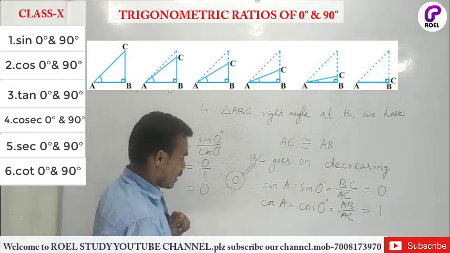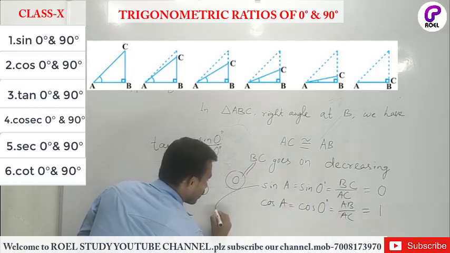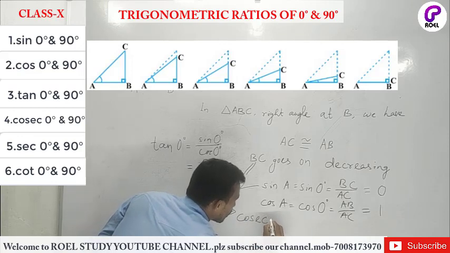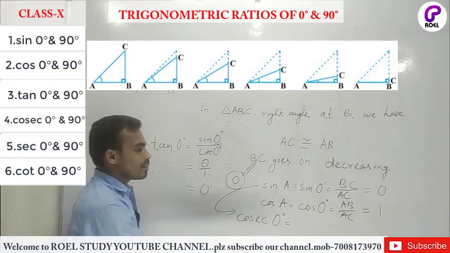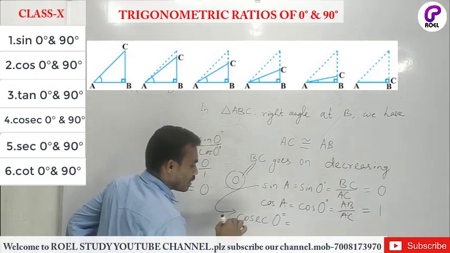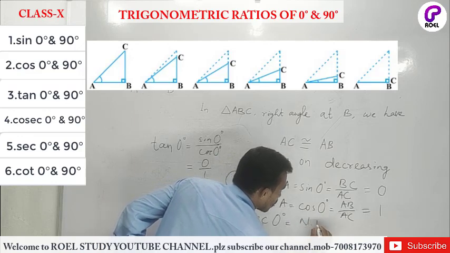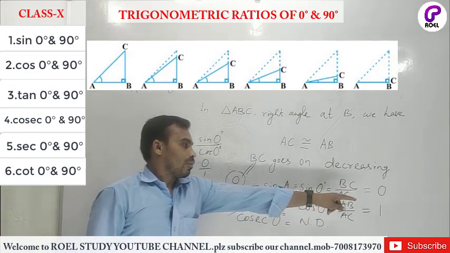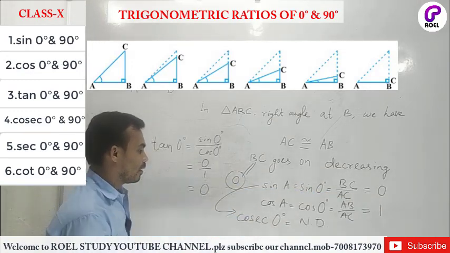Mind my points: if sin 0 is 0, then cosec 0 degree, the inverse of 0, is not defined.